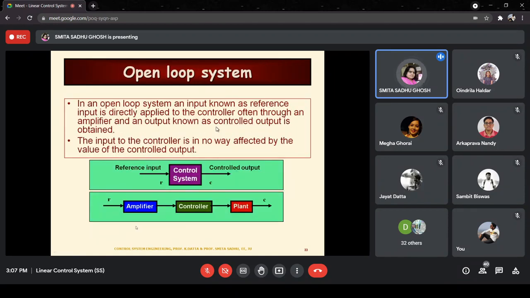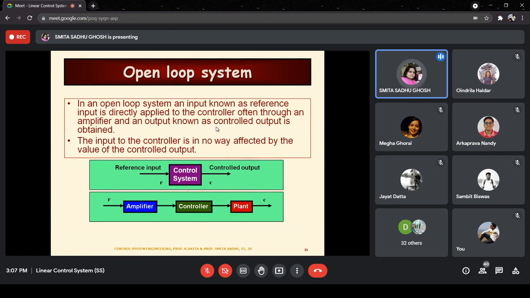Now coming to the open loop system. In an open loop system, an input known as the reference input is directly applied to the controller, often through an amplifier. Let me first tell you about the block diagrams that you see over here. The top diagram and the bottom diagram are actually the same, shown in a different fashion.